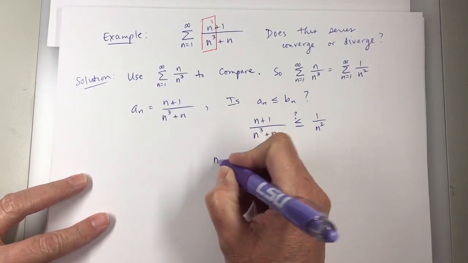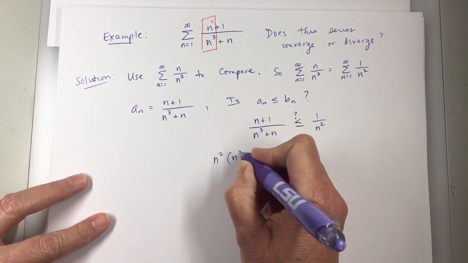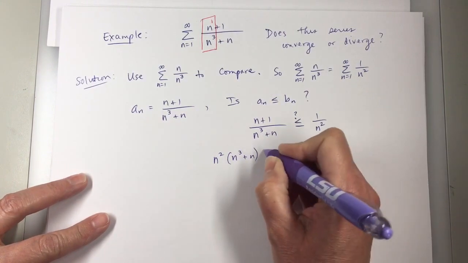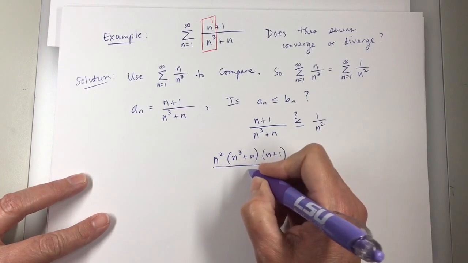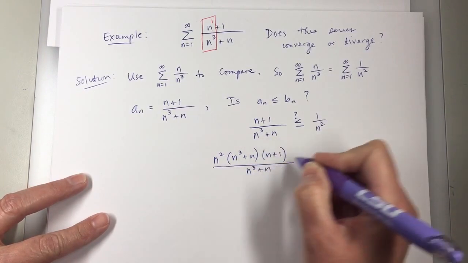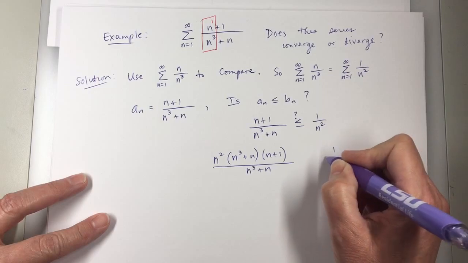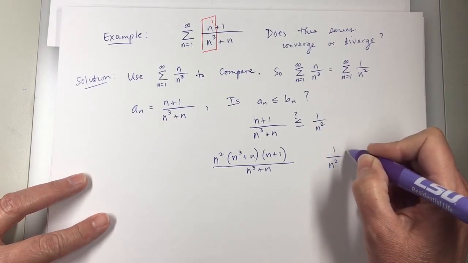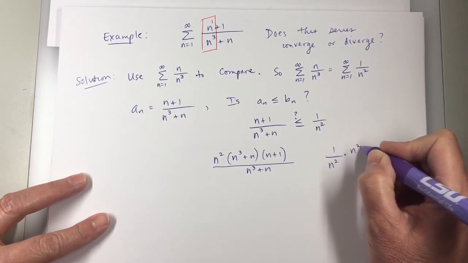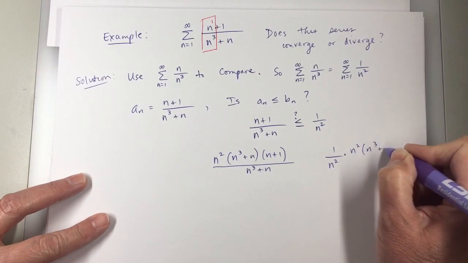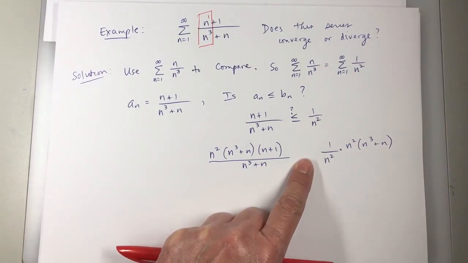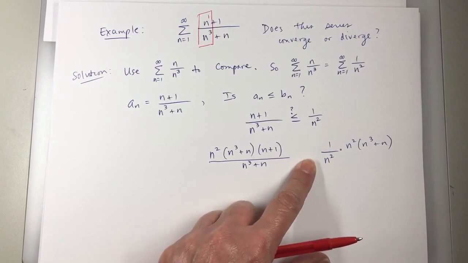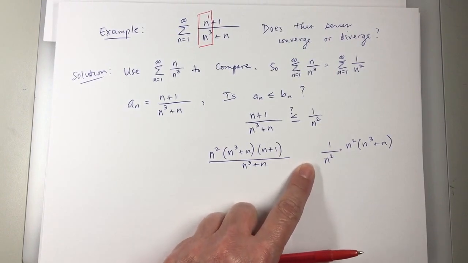So it'll be n squared times n cubed plus n times n plus 1 over n cubed plus n, 1 over n squared times n squared times n cubed plus n. And I didn't put my less than or equal to because I want you to think about this, although we've already thought about it a little bit.